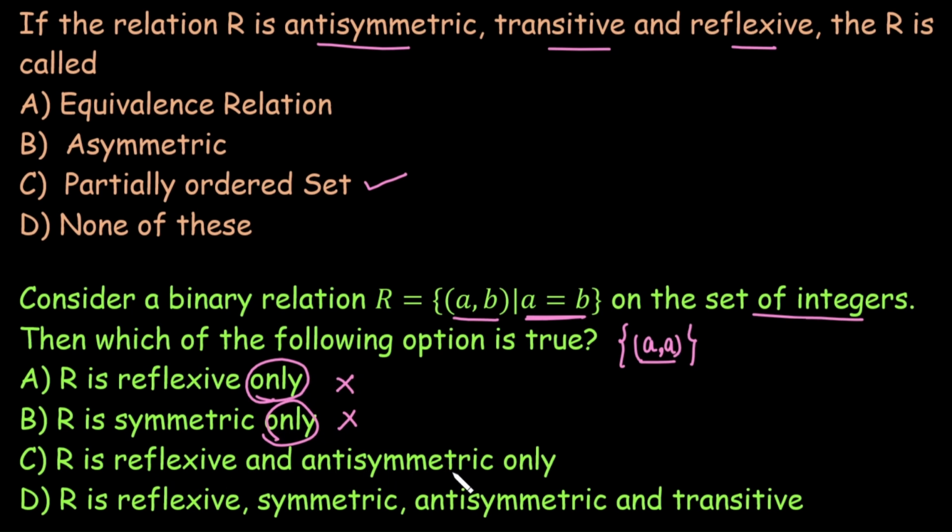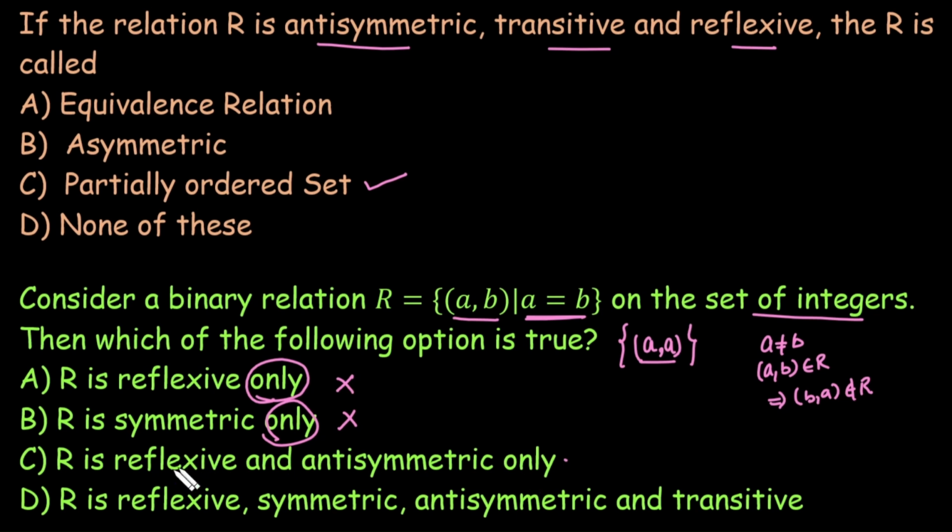Now is this antisymmetric? Yes, because in antisymmetric such ordered pairs are allowed. But if A is not equal to B and (A, B) is part of the relation, then the reverse should not be there. In this case, we are not taking such elements in the relation, so clearly this is antisymmetric.